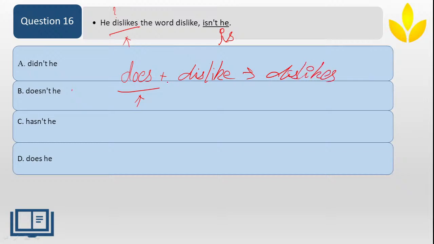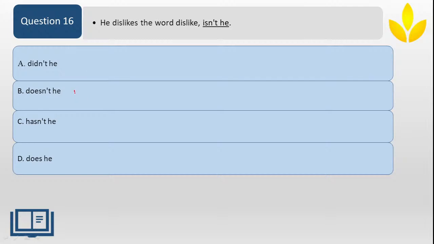Singular plural form, people, nothing more than that. So I do, we do, they do, but he, she, it does. So for that we are using the he dislikes singular. So it automatically implies does is used because it is an action.